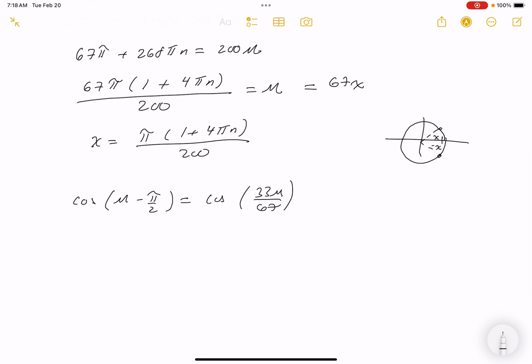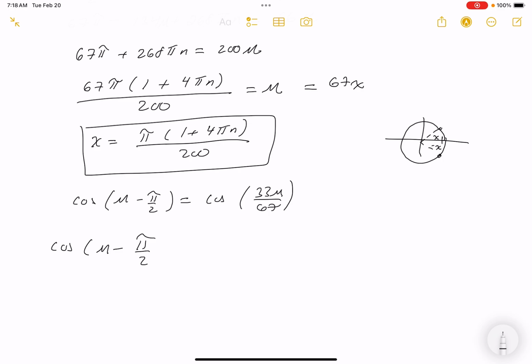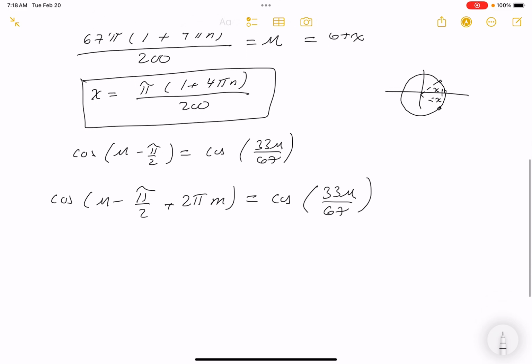We're going to do the same thing. Again, you could equate these, a trivial solution over here, but it keeps repeating itself. Let's write this over here. Cosine of u minus pi over 2. By the way, this is one of the solutions to the problem. Plus 2 pi, I'm going to use m this time, equals cosine of 33u over 67.